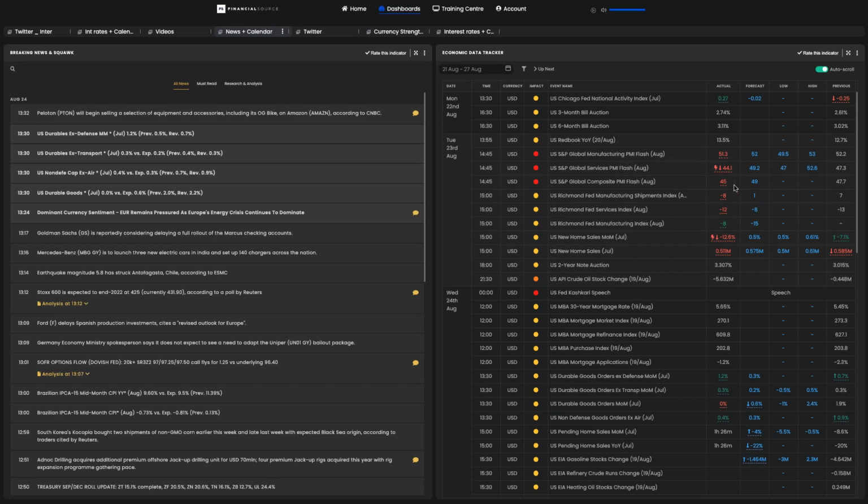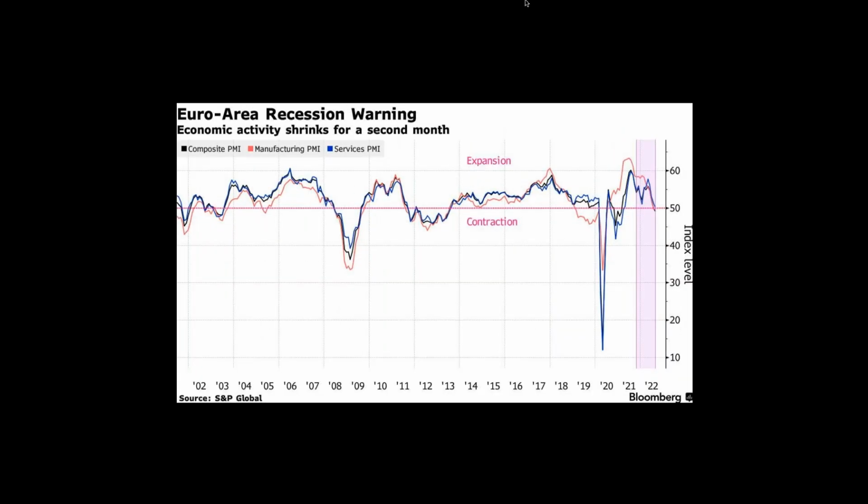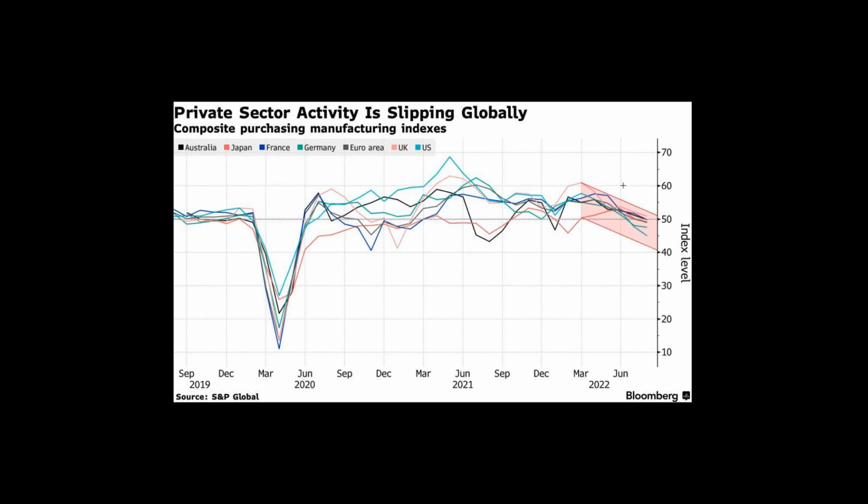So global composite flash 45, and if you just take a look at the global composite readings across major world economies, you can see that what we're starting to see now is a coordinated global slowdown, US coming in there, that 45 region.